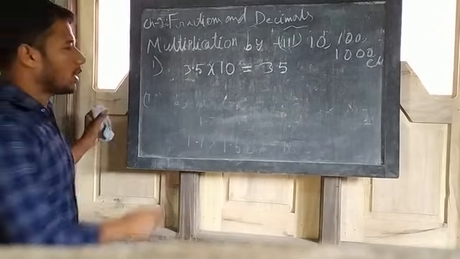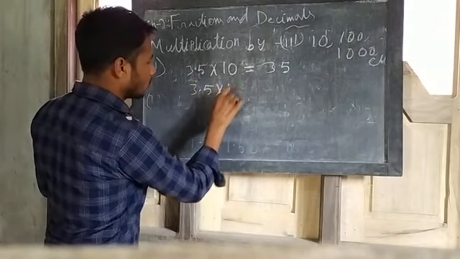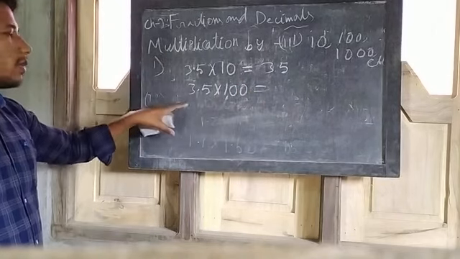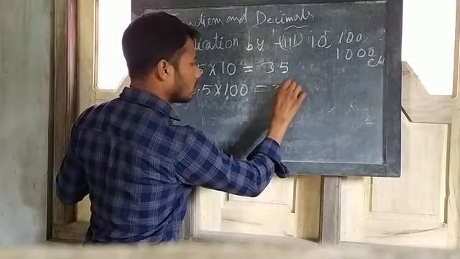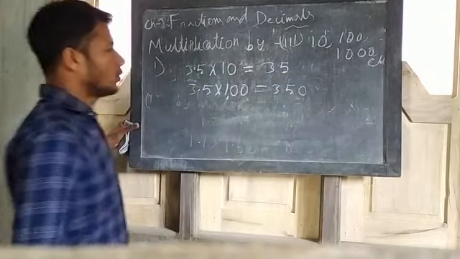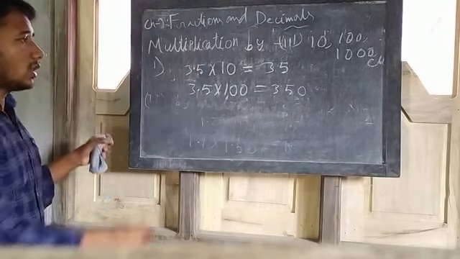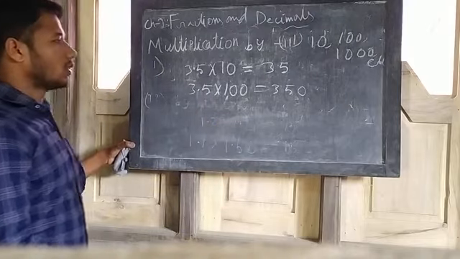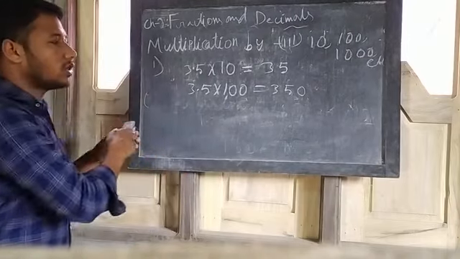Now see if we multiply the same number by 100, 3.5, here it will be 350. That means if we multiply by 10, 100 or 1000, the decimal will transfer to the right side. And how many places will it go to the right side?